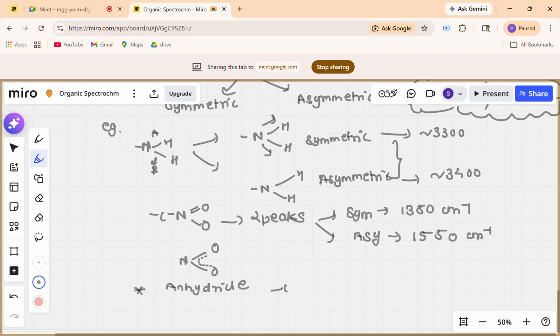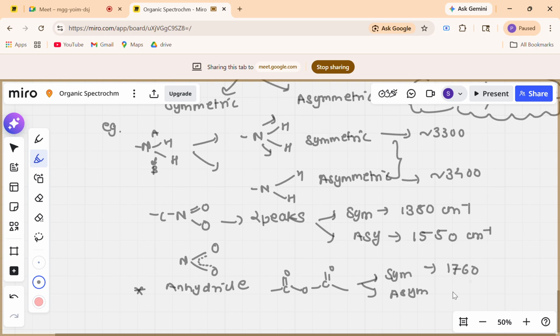Another example is anhydride. So for example, if we consider this, then in that case also you will observe two peaks.